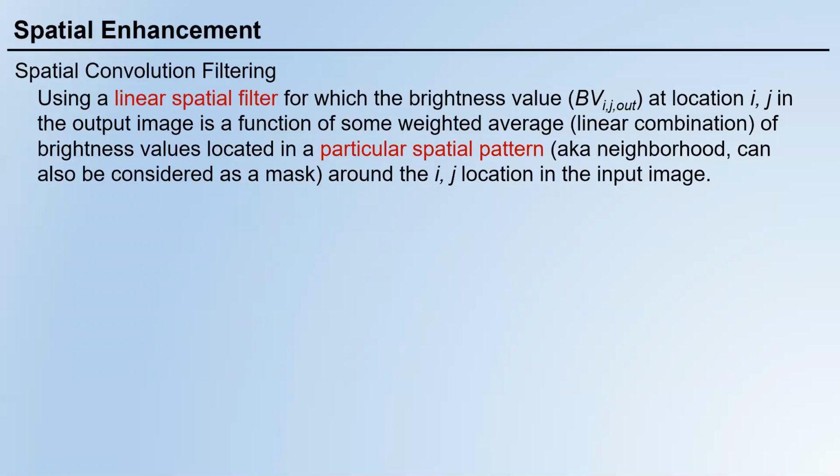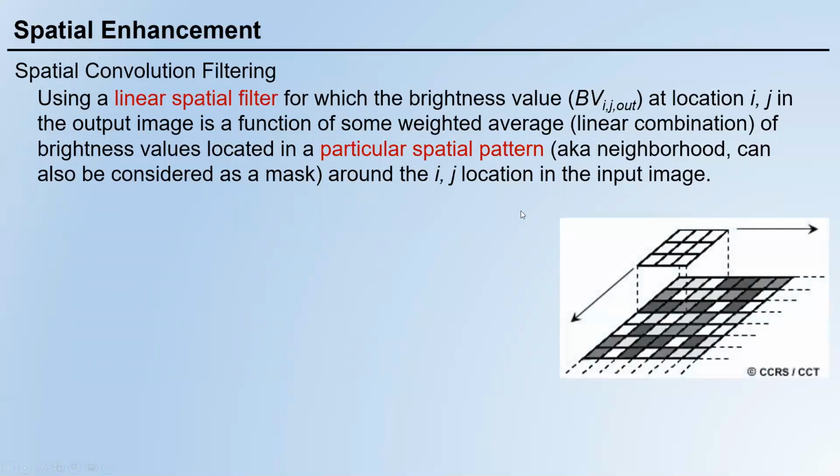Here is a very simple illustration of spatial convolution filtering. At the bottom layer, we have this image with pixels. Each square here is a pixel. And there is another layer here, a 3x3 square window.